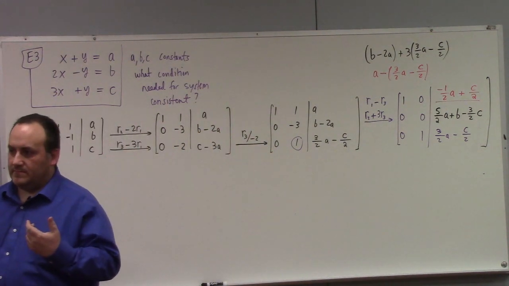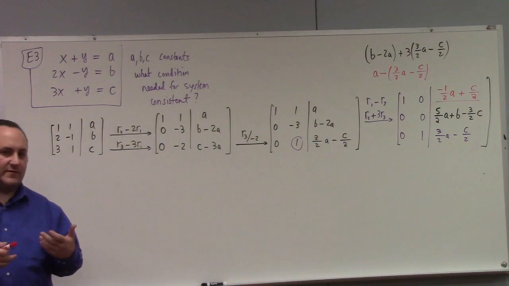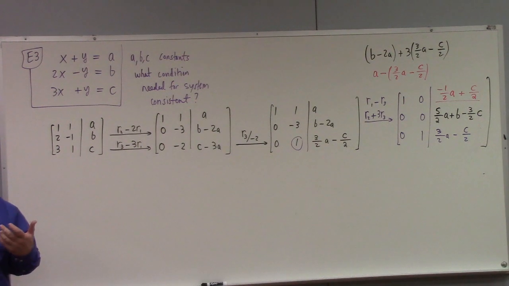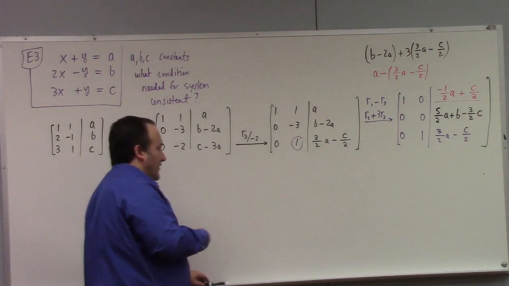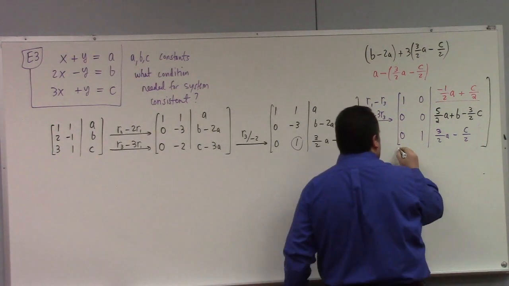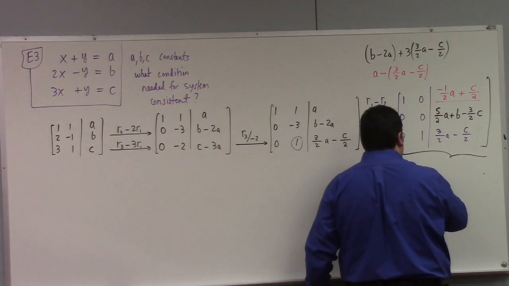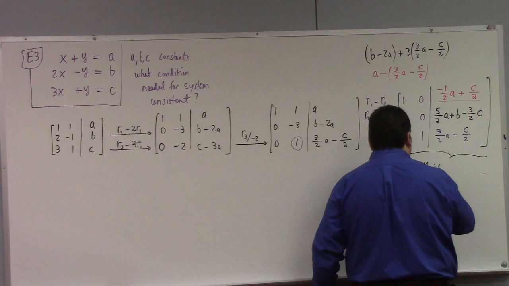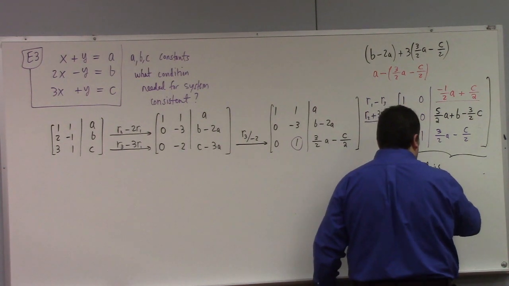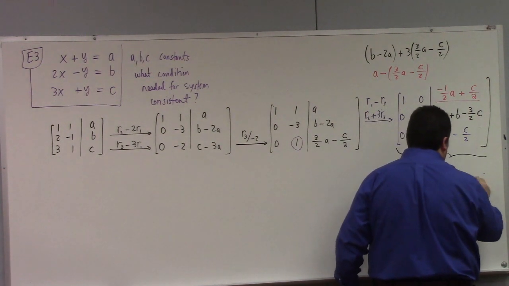Now, is this the reduced row echelon form of the augmented coefficient matrix, what we're looking at right here?